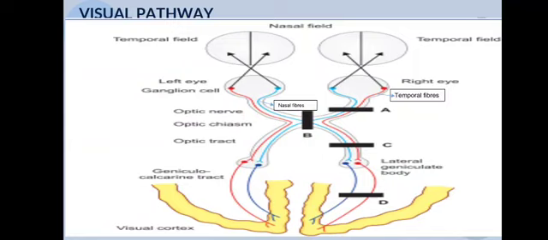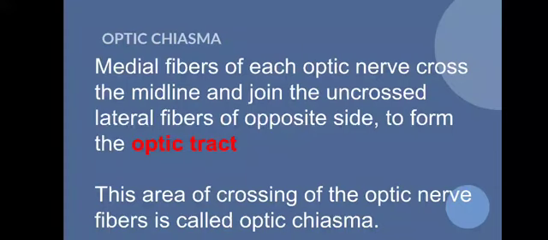They will cross and form the optic chiasma. At the same time, temporal fibers will not cross and they are called the uncrossed fibers. Okay, these crossed fibers will form the optic chiasma. Next is the optic chiasma. The medial fibers of each optic nerve cross the midline and join the uncrossed lateral fibers of the opposite side to form the optic tract.